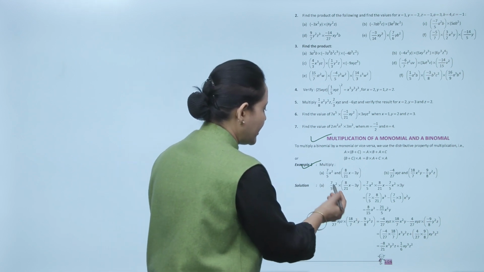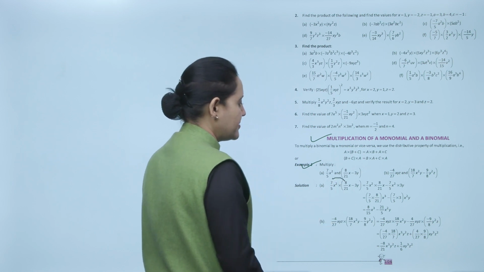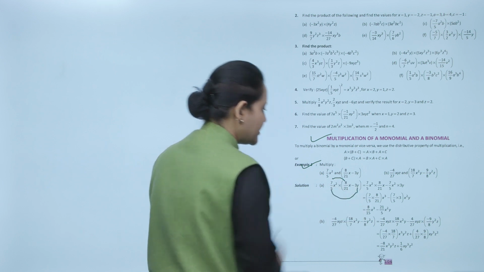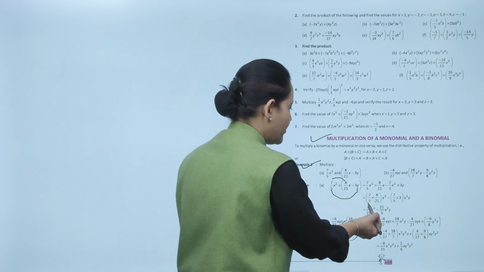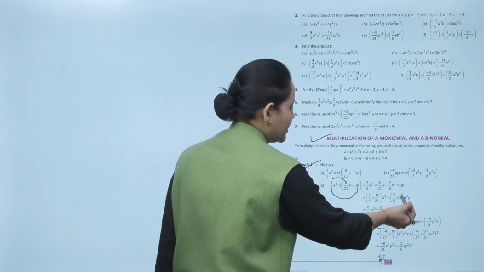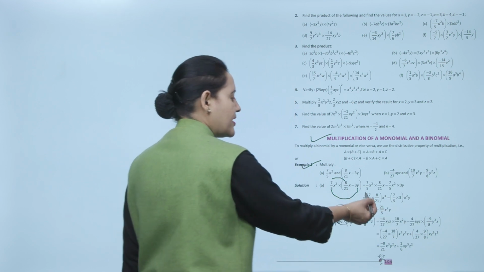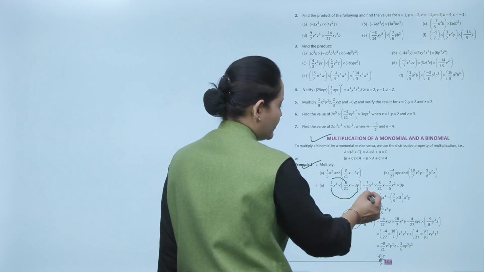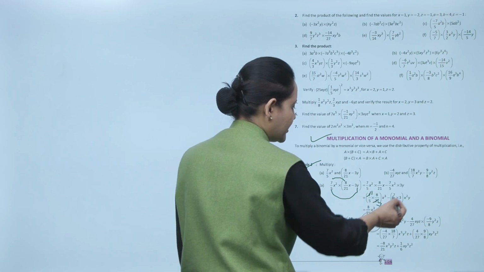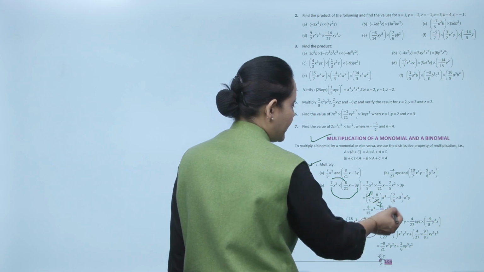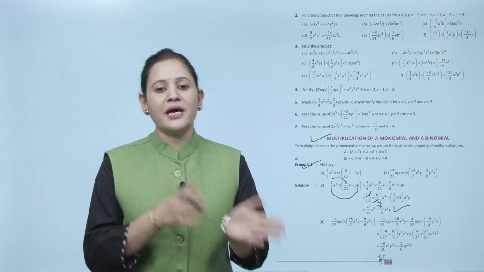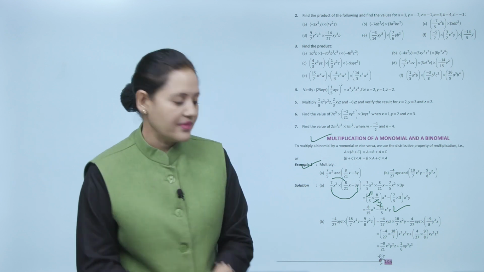First we multiply 7 upon 5x square by 8 upon 21x, then there is a subtraction sign in between, we put the sign, and then we multiply it by 3y. So it will be 7 upon 5 into 8 upon 21 x cube minus 7 upon 5 into 3 x square y. Multiply 7 into 8, the 7 cancels with 21 leaving 3, so it becomes 8 upon 15 x cube minus, 7 threes are 21, 21 upon 5 x square y. So this is the answer. So this way we multiply a monomial by a binomial or a binomial by a monomial.